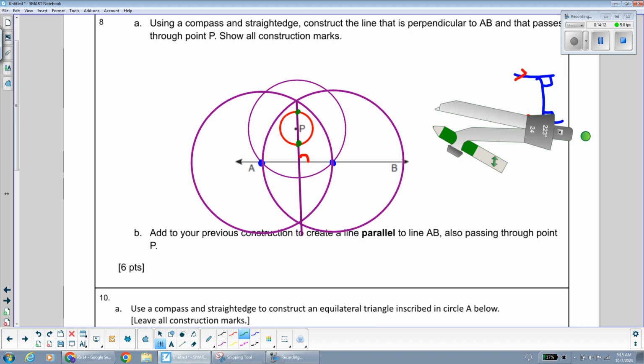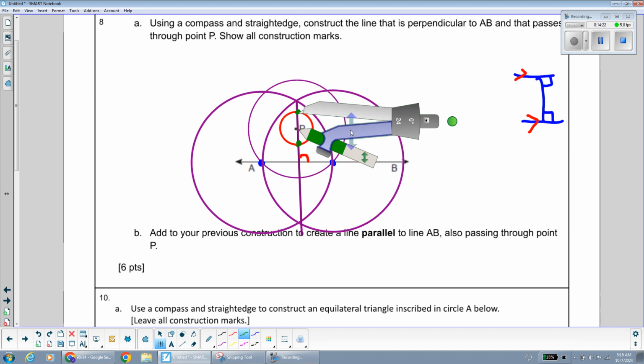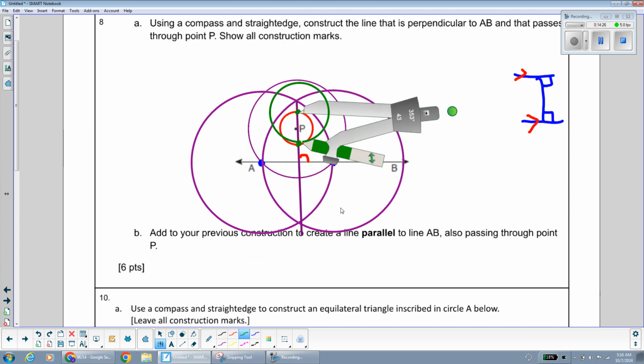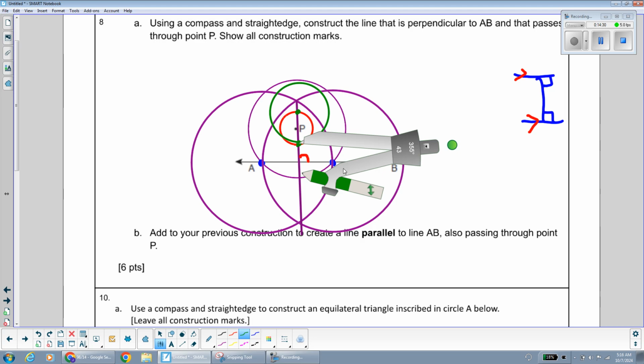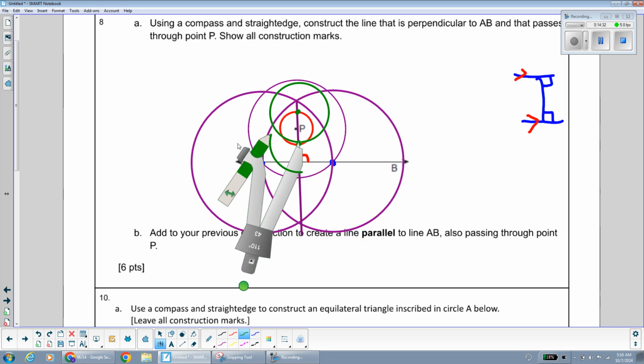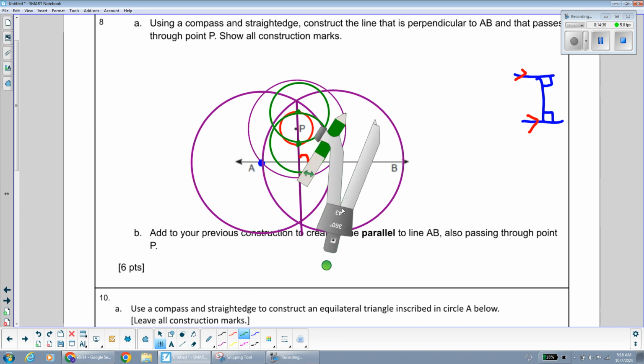And notice how that circle I just made does hit the line that we constructed in two spots. Once again, you can use the same distance, but I just like to open up to the intersection. Swing a circle on the other intersection point. We'll swing the same circle.